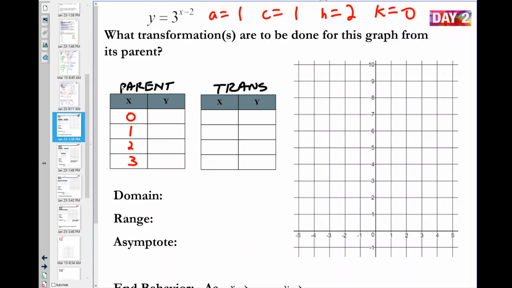Yes, it does do horizontal translations, but how do I apply the horizontal translations? I added 2. What do I add H to? All the x's. Thank you. Add it to all the x's.